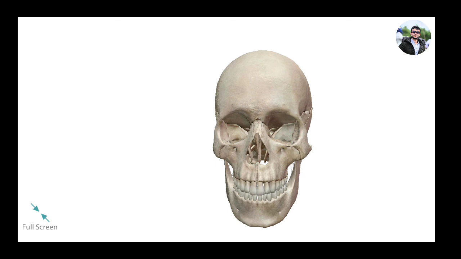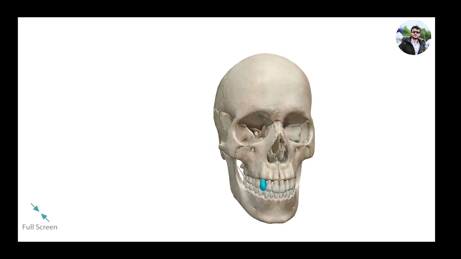Now we'll talk about the last special features in the frontal aspect. These are the two central incisors, and these are the laterals. These are the incisor teeth, and this tooth is the canine. The canine has a long root, which causes a projection at this point called the canine eminence.